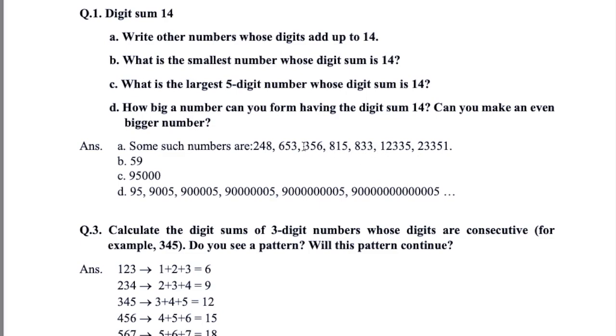The number of digits is not mentioned in the question. These numbers are 3-digit numbers and these numbers are 5-digit numbers. You can take 4-digit numbers. 1 plus 2 plus 3 plus 3 plus 5, the sum is 14. You can take your own numbers as well.